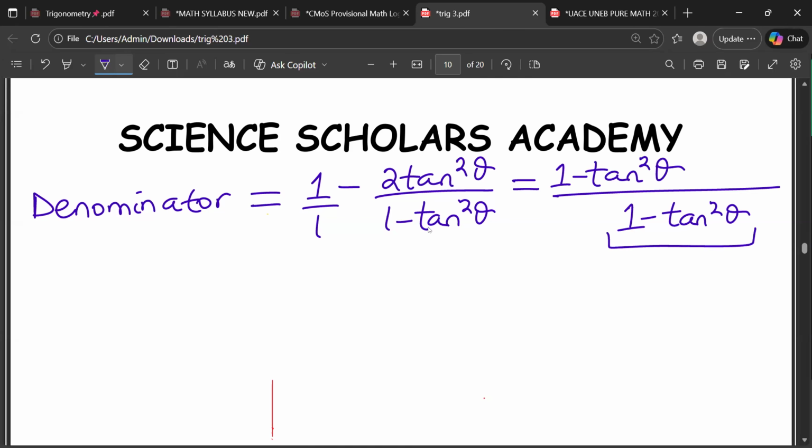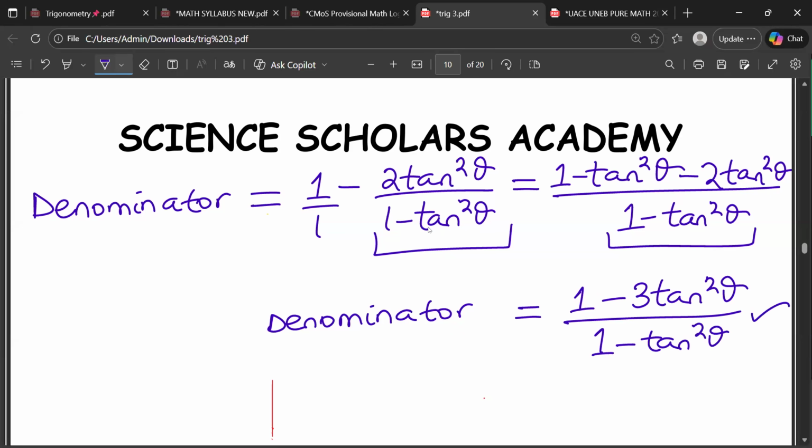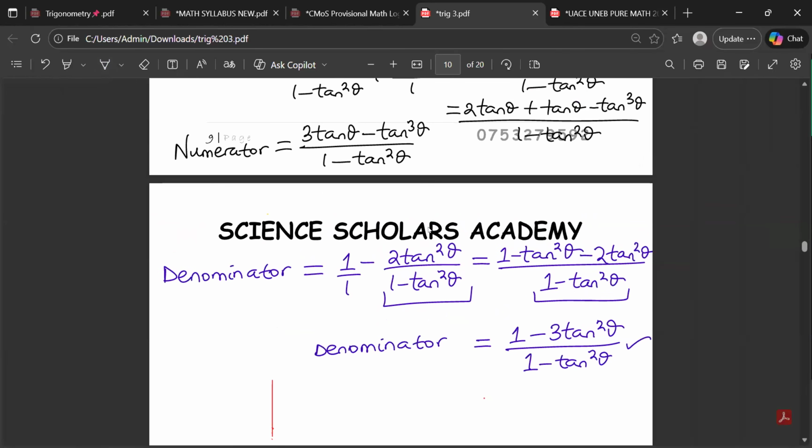You get 1 times the top thing, the same top thing, squared. And then you get your denominator as 1 minus 3 tan squared theta out of the 1. Those two are how you survive.